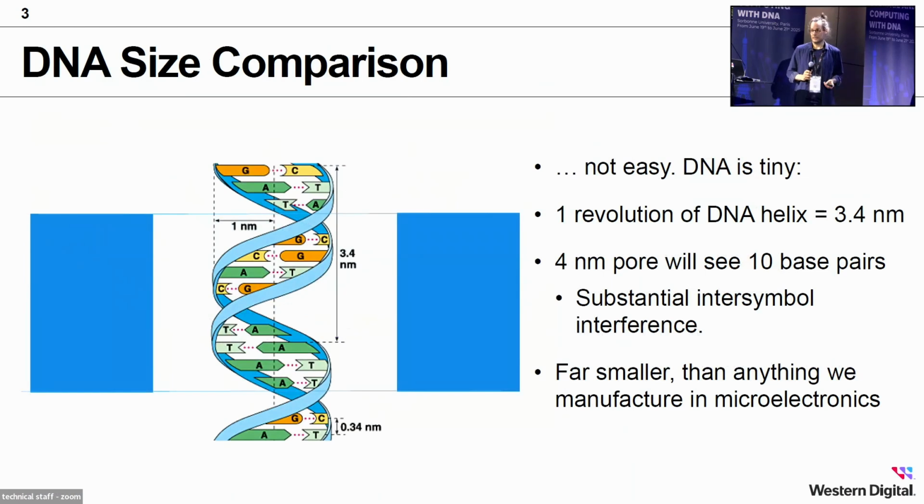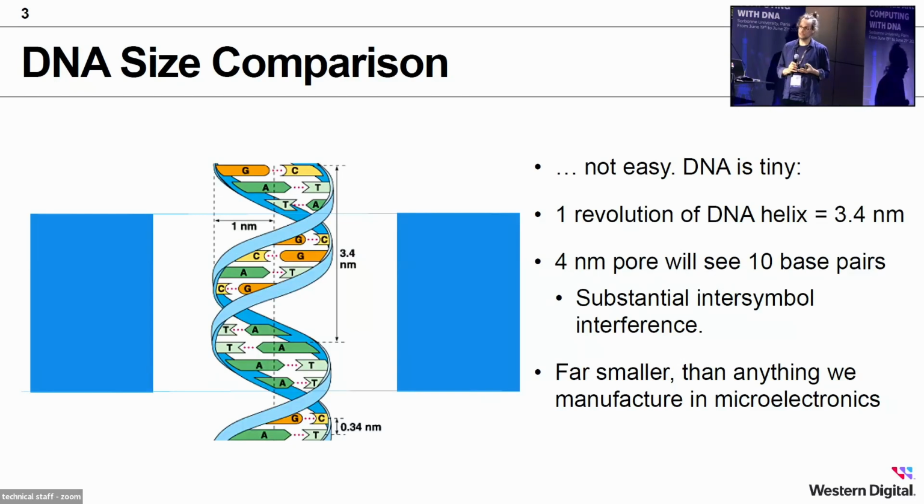So I said it's easy. One downside, and the reason we are doing this, is that DNA is a pretty small molecule. So we are talking about 2 nanometers diameter and one revolution per roughly 3 nanometers. So when you make a pore that has, let's say, 5 nanometers diameter and 5 nanometers thickness, you're never going to read out an individual base.